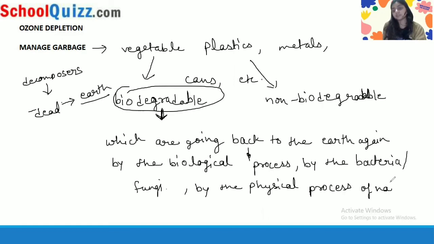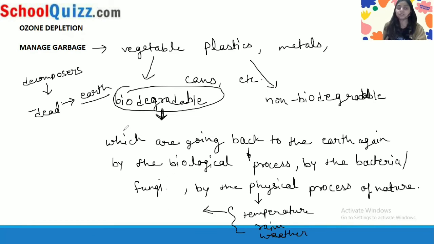In the physical process, the temperature, the rain, and the weather also help to break down the garbage into tiny particles, and it goes back into the earth.